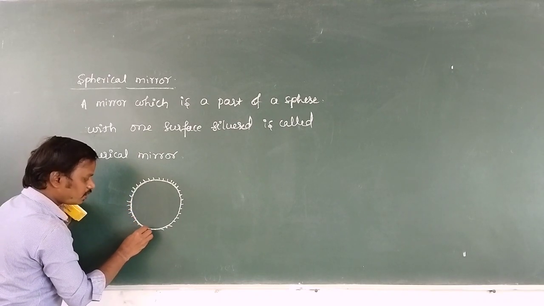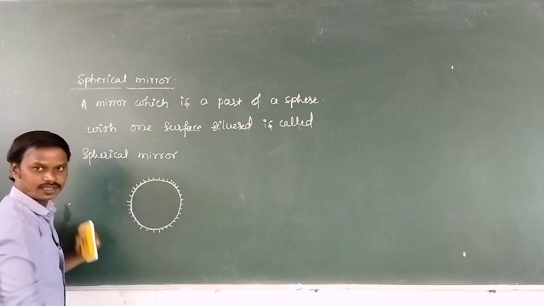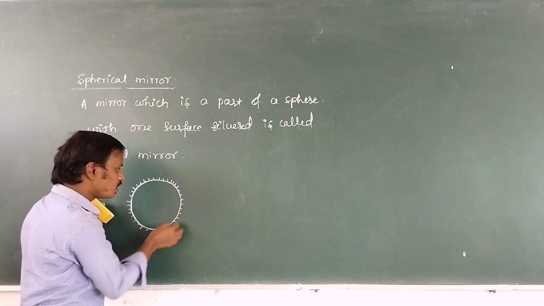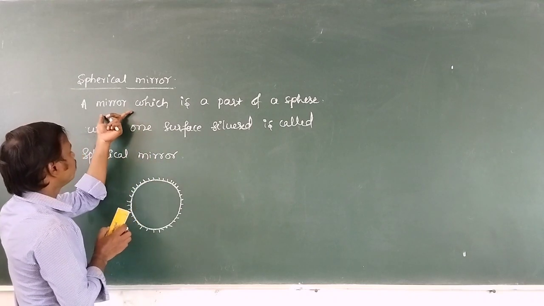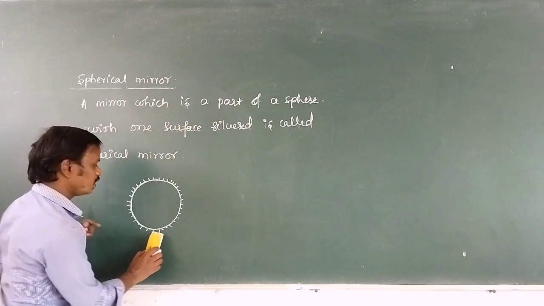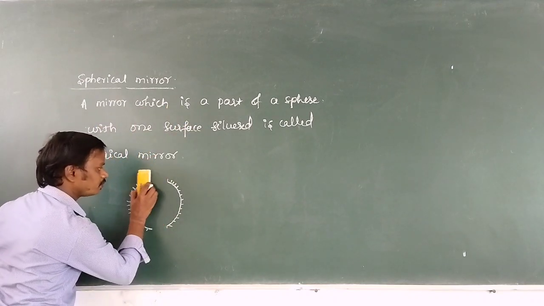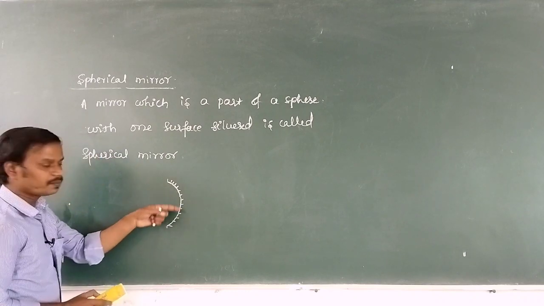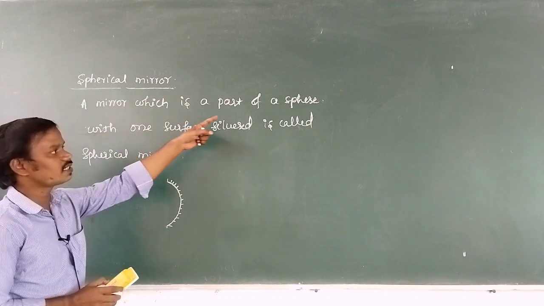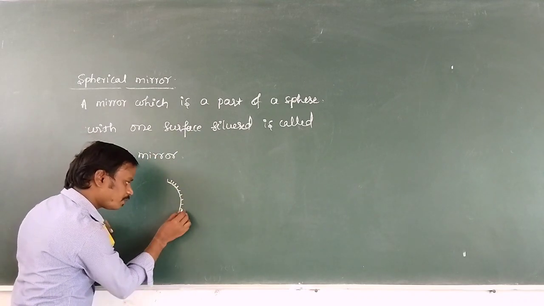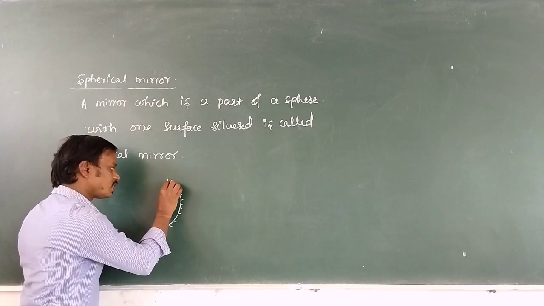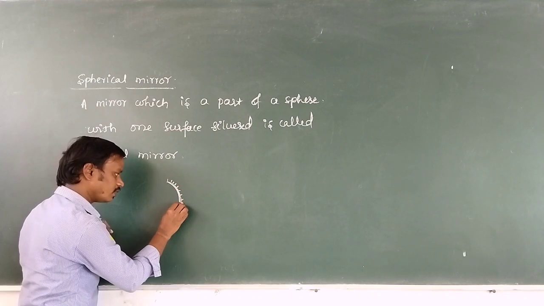But one surface is silvered and another surface is reflecting. Now let us take a mirror which is a part of the sphere. This is the part of the sphere. A mirror which is a part of a sphere with one surface silvered, and another surface is reflecting. This surface is reflecting.